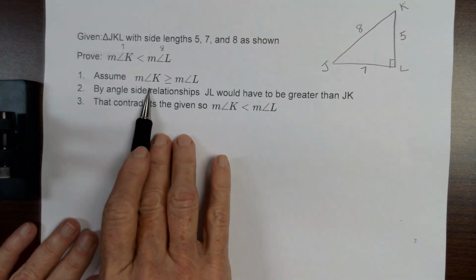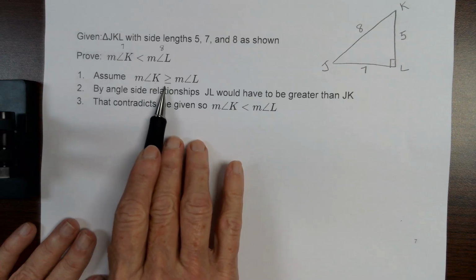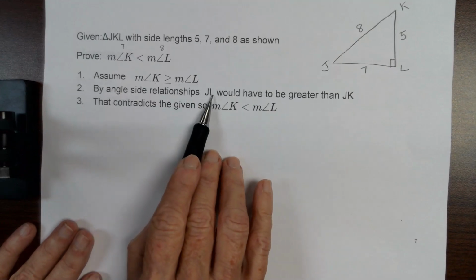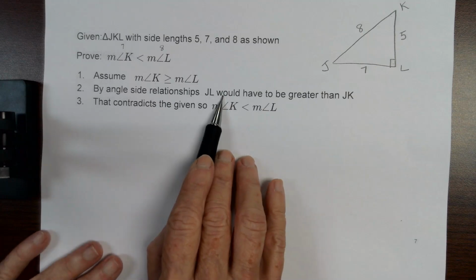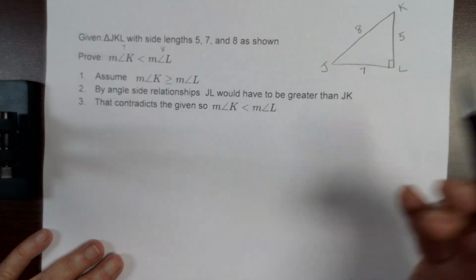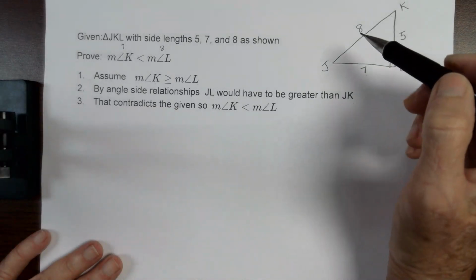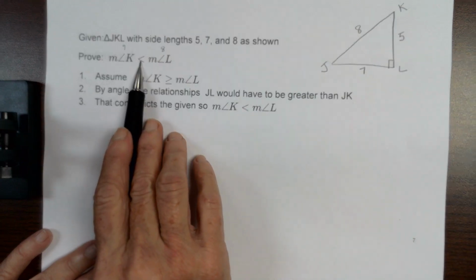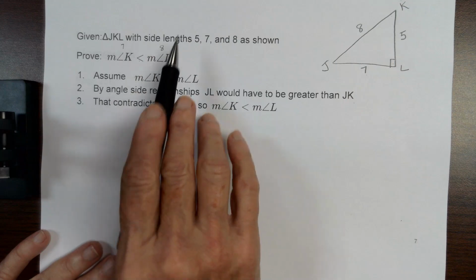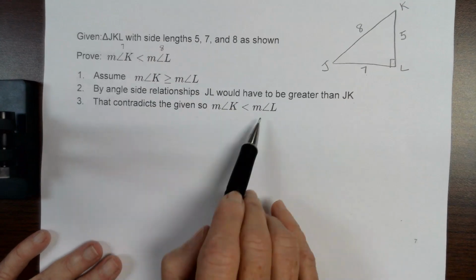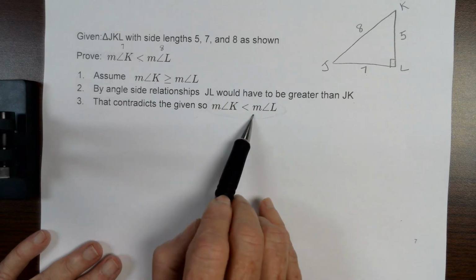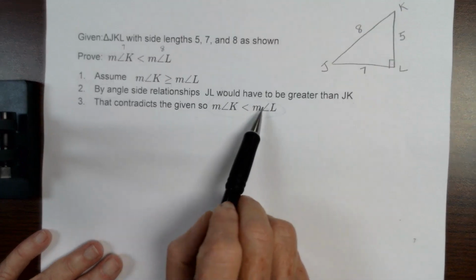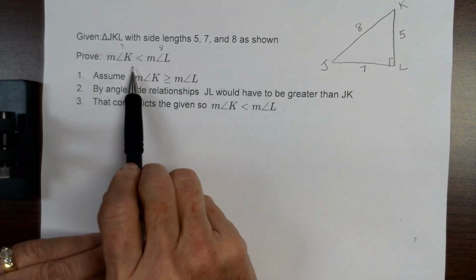So I'm going to assume that angle K is greater than or equal to angle L. And by the side-angle relationship, line JL would have to be greater than JK. JL, 7, would have to be greater than JK, 8. That contradicts what I already know, which is JK is greater than that. So this has to be true, because this is not true. It's not greater than or equal to, it's got to be less than, which is what I was trying to prove.